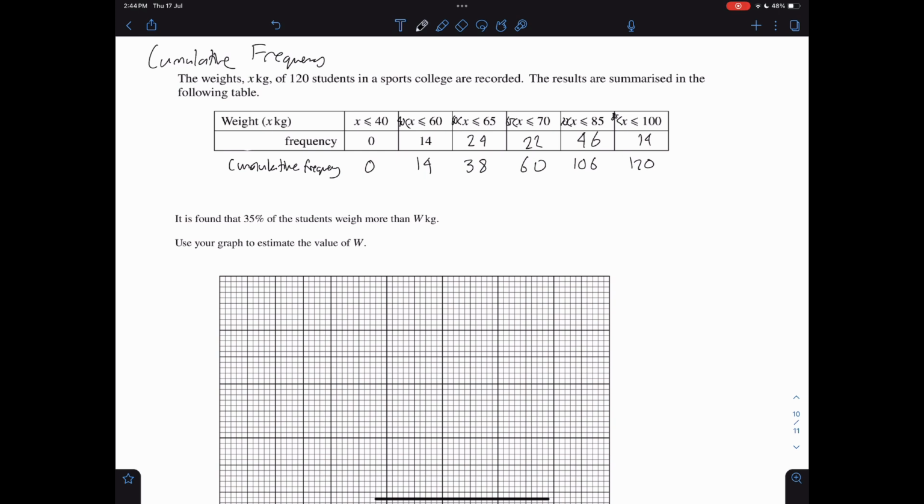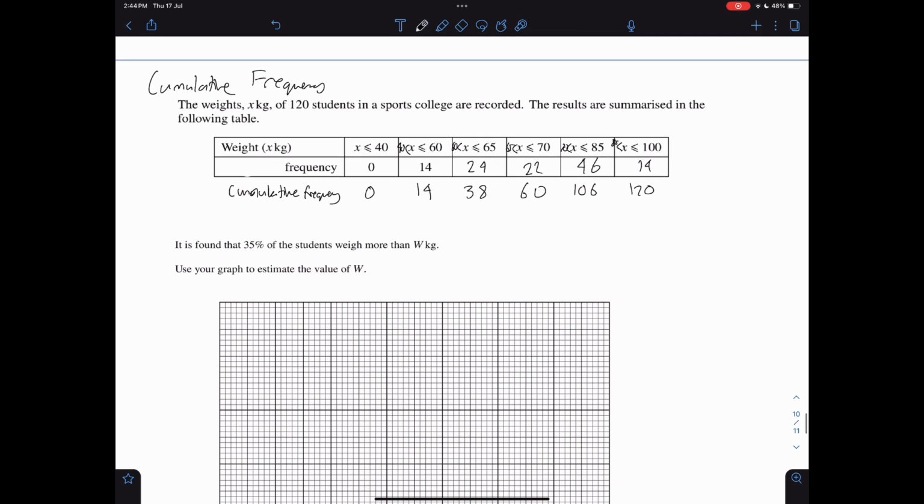So now we will draw our graph. We should probably sort out our scale first. We're going from 0 to 100. Actually, we can technically start at 40, because we know there's nothing below 40.